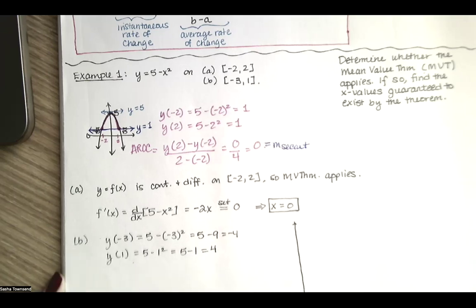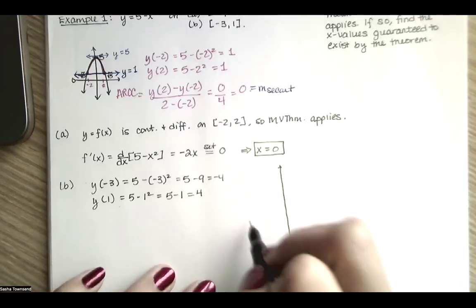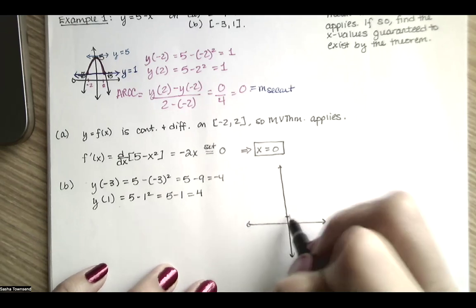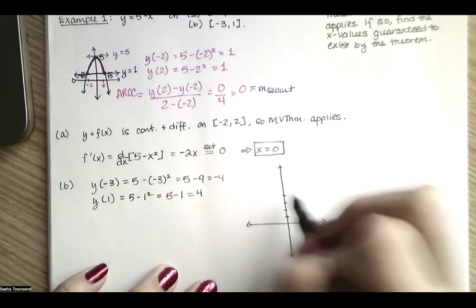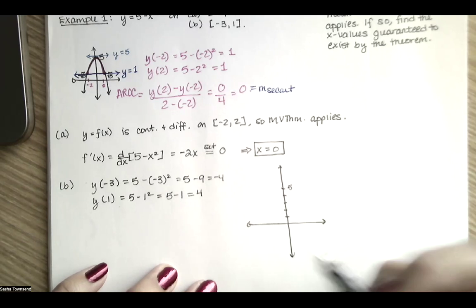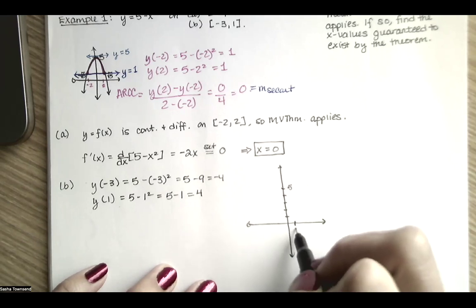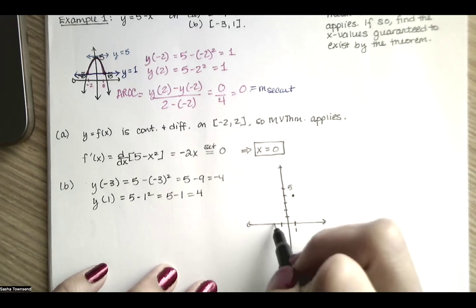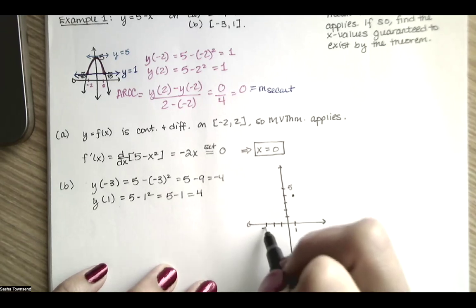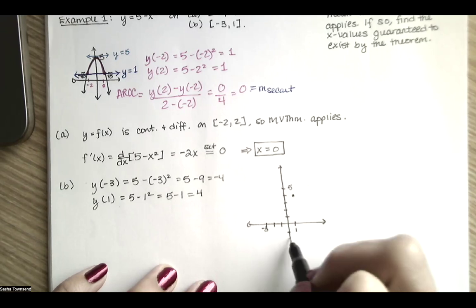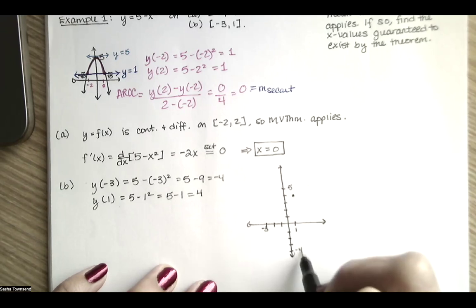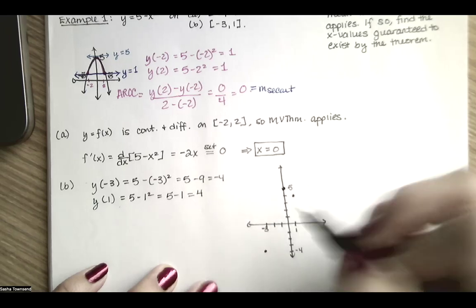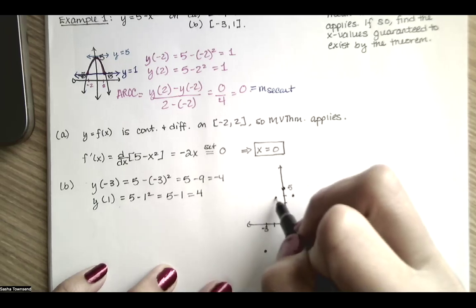So we're still dealing with this parabola. When x equals 0, y equals 5. When x equals 1, y equals 4. When x equals -3, y equals -4. And that is our maximum there, and there's some symmetry.